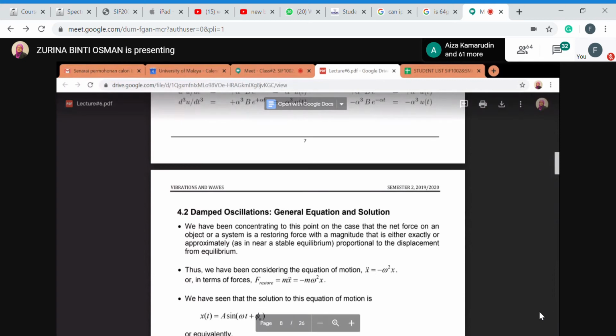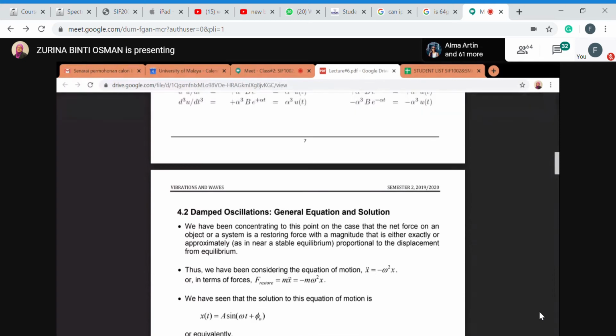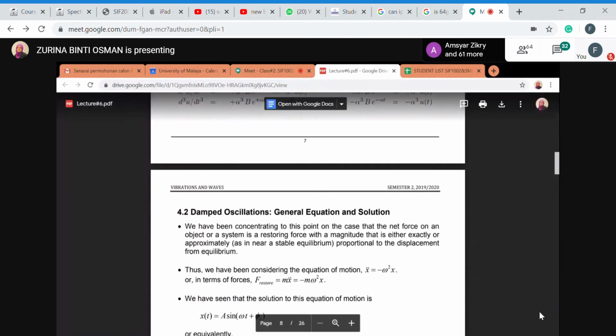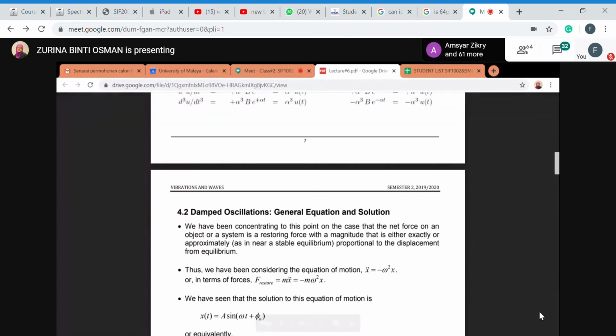That gives us the equation of motion x double dot equal to minus ω squared x. In terms of forces, the restoring force is equal to ma or m x double dot, which is equal to minus m ω squared x.